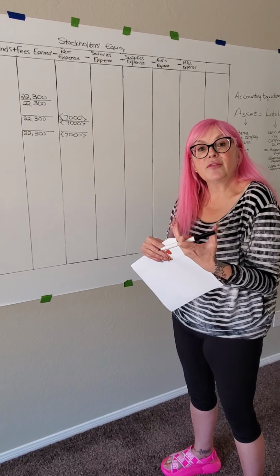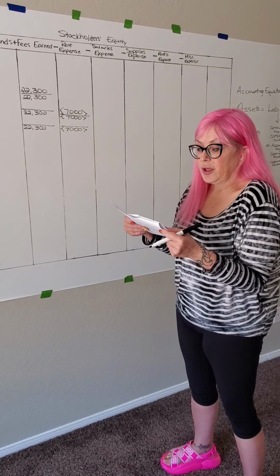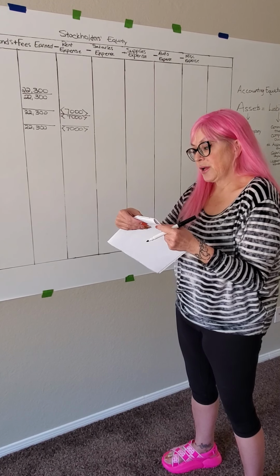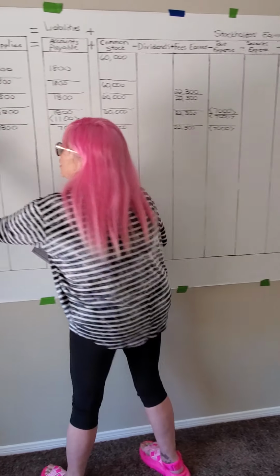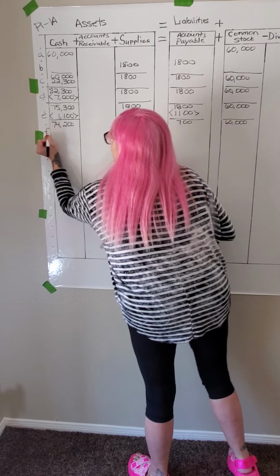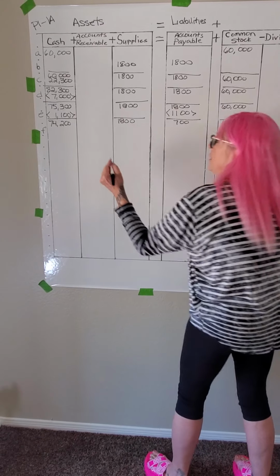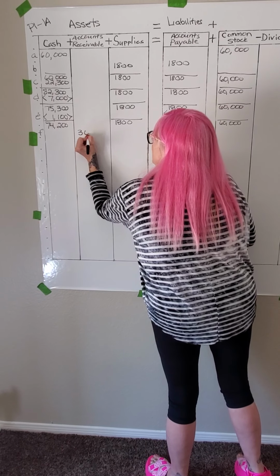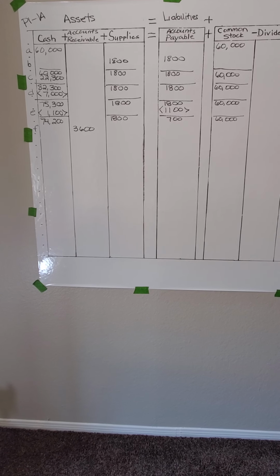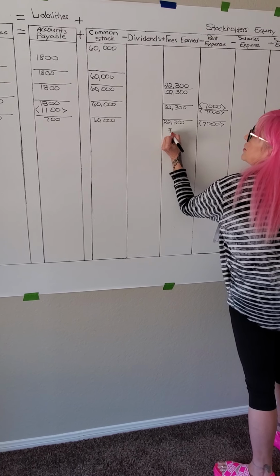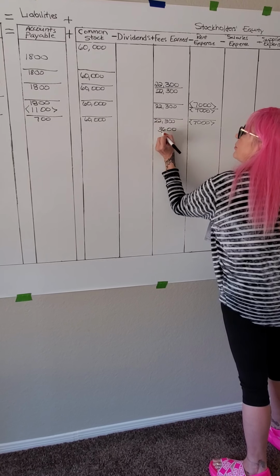When people owe our company money, that's an asset. So I'm going to increase accounts receivable by $3,600, and I'm going to increase my fees earned by $3,600.